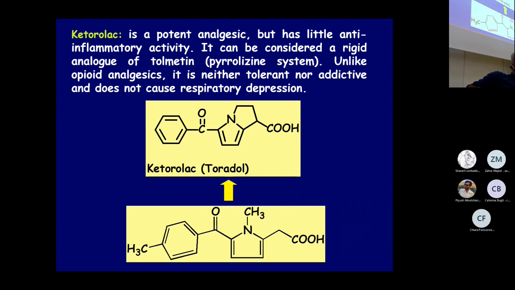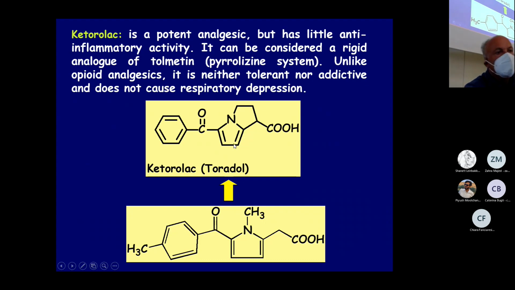Once again, the scientists tried to apply the frozen analog approach. In particular, they tried to block the free rotation in the space of the acetic group. They inserted the carbon atom present on the acetic group inside another cycle.